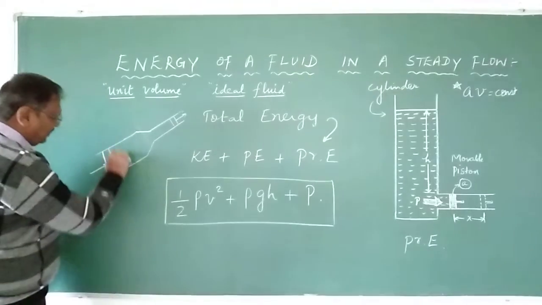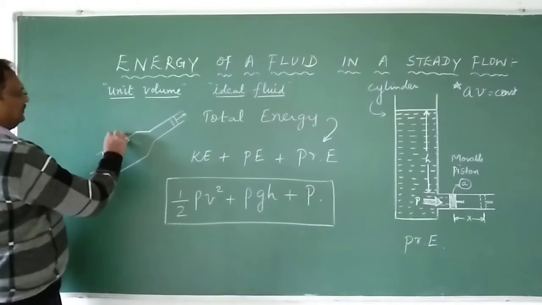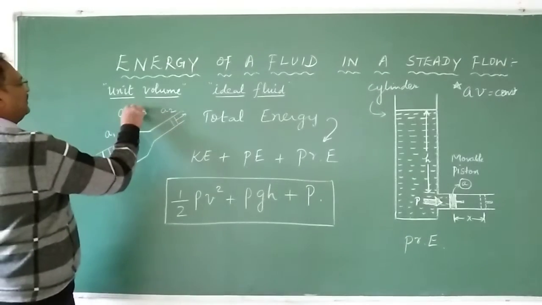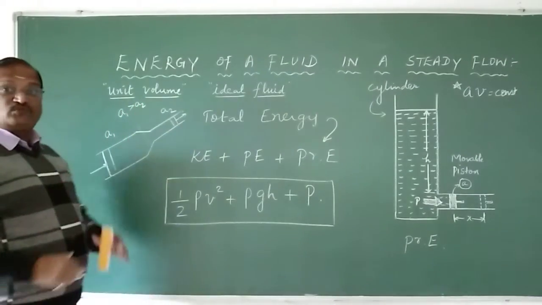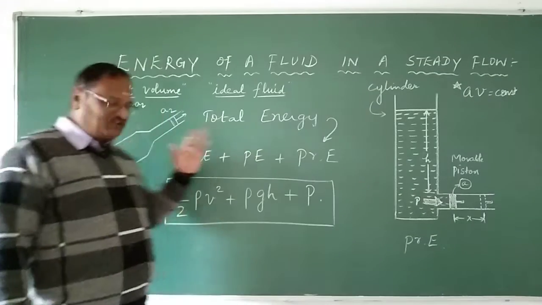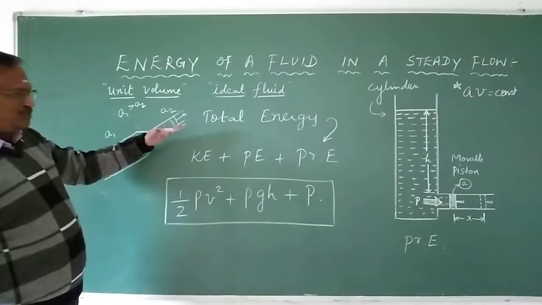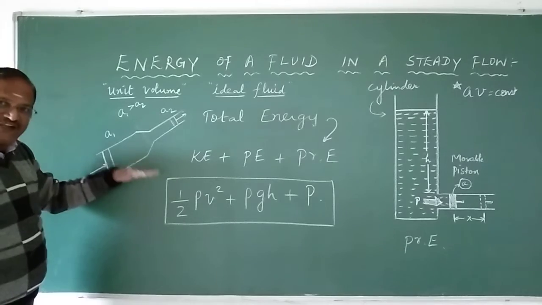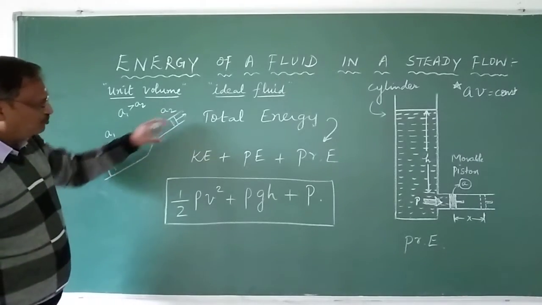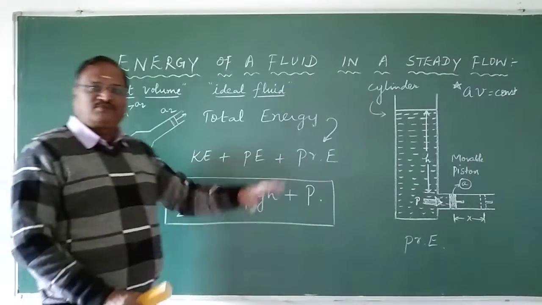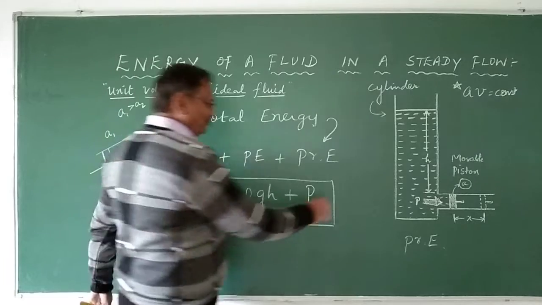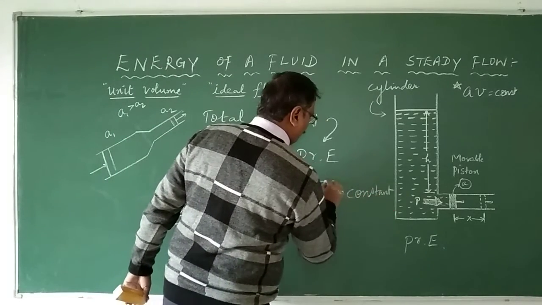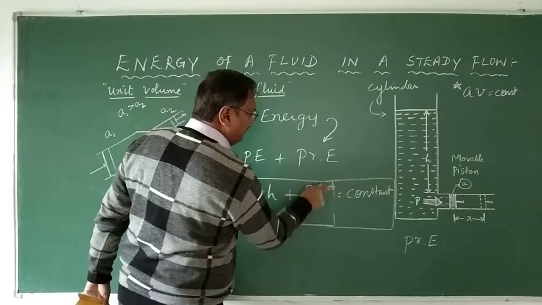This is a variable area of cross section, with areas A1 and A2, where A1 is greater than A2. You will find that the kinetic energy, the potential energy due to the surface, and the pressure energy which is pushing this, all of them will remain constant for an ideal fluid.